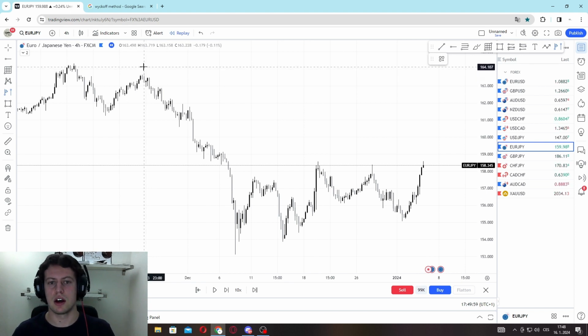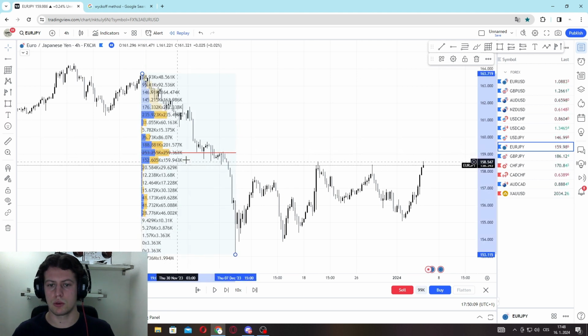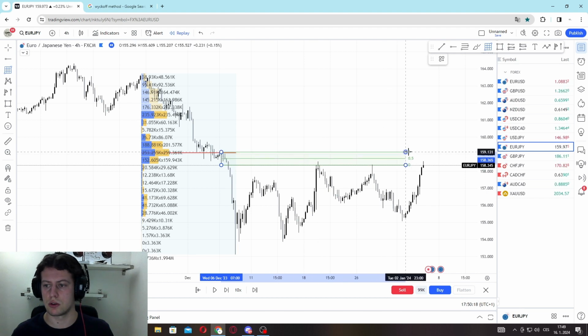Sorry, I use it as like a Fibonacci tool from this high, also this, to this low. You can see that most money traded was here. So here we have our indecision candle and big impulse. So here we have our supply zone.